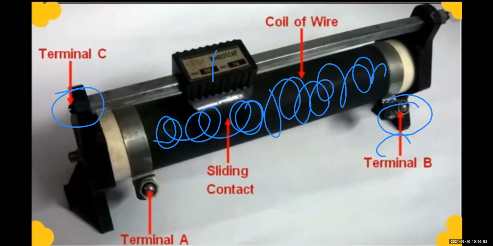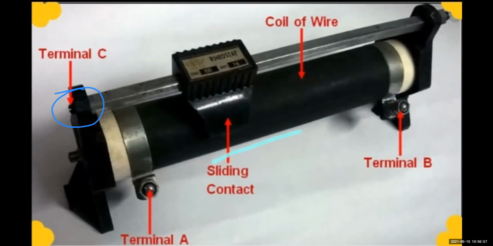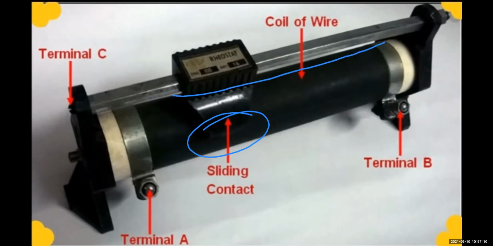Now, here we are provided with a slider. So what is this slider going to do? If you look at the bottom of the slider, we have a metal contact. This metal part is making contact with the coil of the wire. So when you slide it, this contact is slid along the coil, right? When you are sliding the sliding contact of the rheostat, what are you doing?